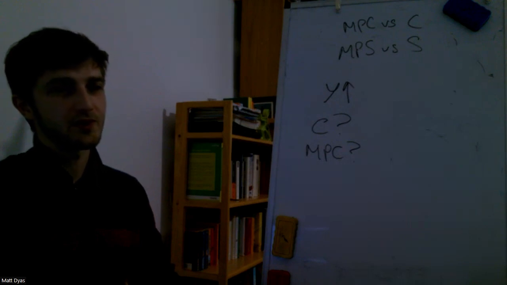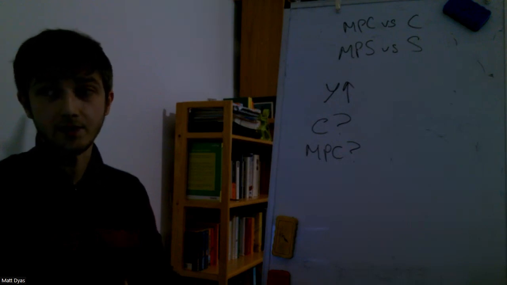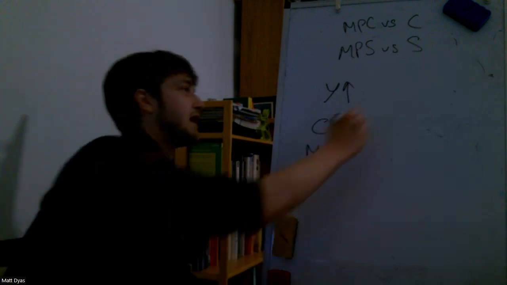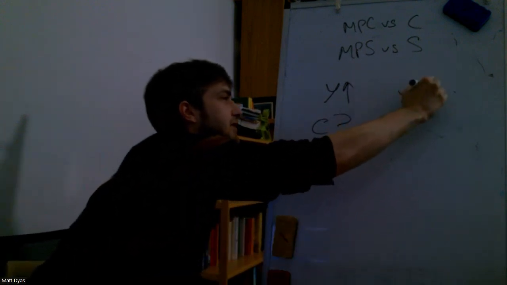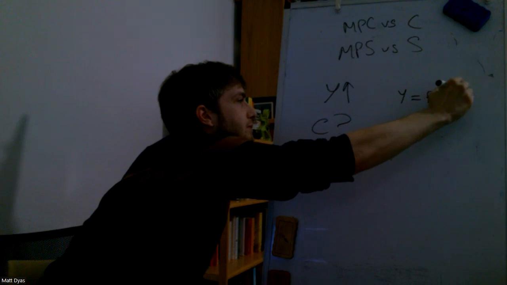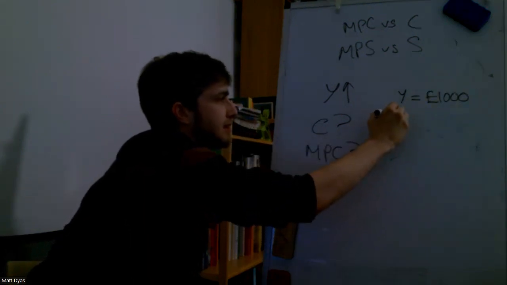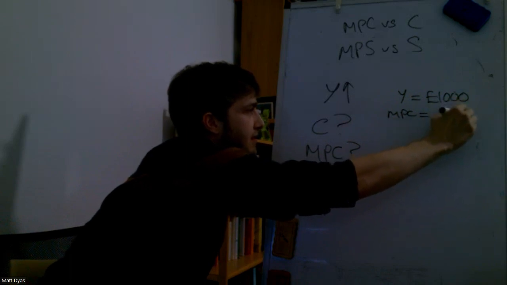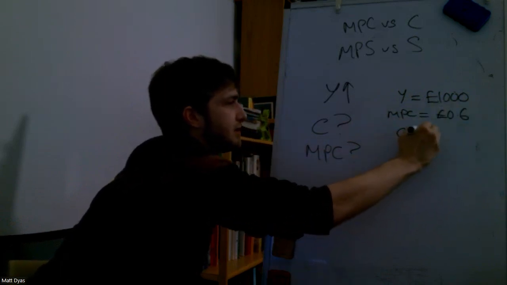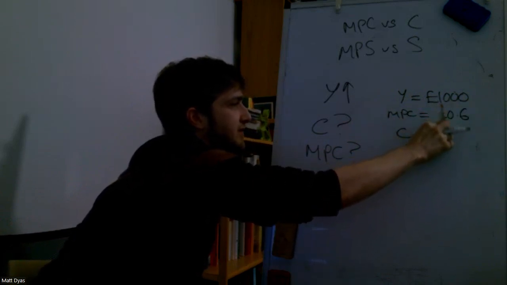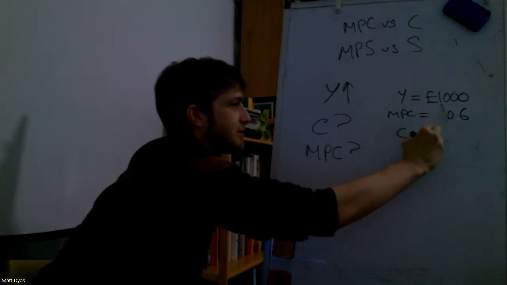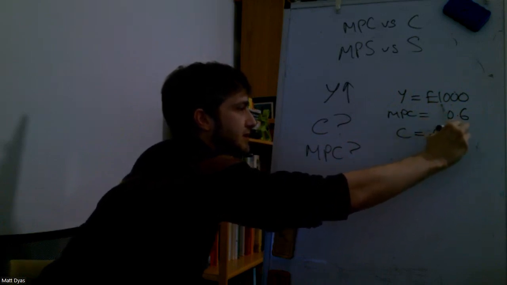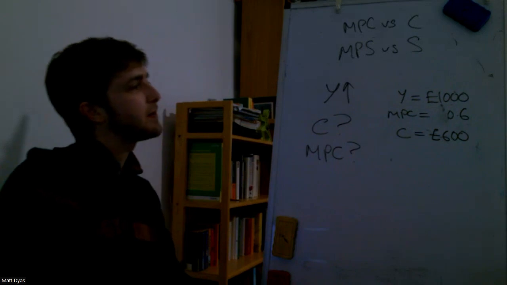Let's assume ceteris paribus basically, and see what happens to consumption if income starts off at £1,000, so let's say MPC equals 0.6, then consumption would be £600, 0.6 or 60% of the income.